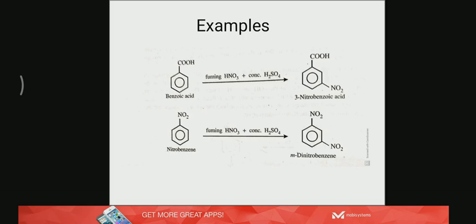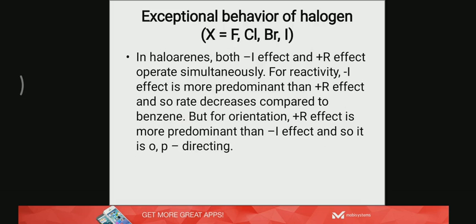It is found that if you take benzaldehyde for Friedel-Crafts alkylation or acylation, practically there is no reaction taking place. Friedel-Crafts reactions are not possible with strongly deactivating groups in the benzene ring, which is an indication of how these groups reduce the reactivity. We have an exceptional case of halogen.